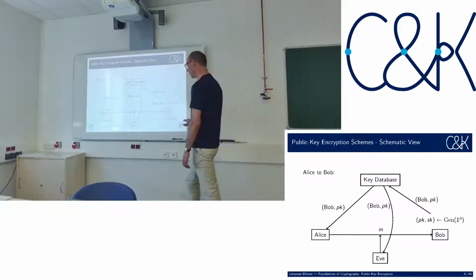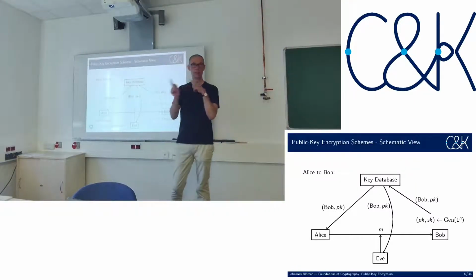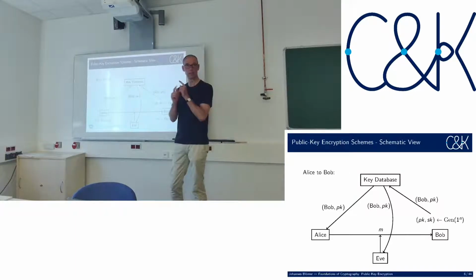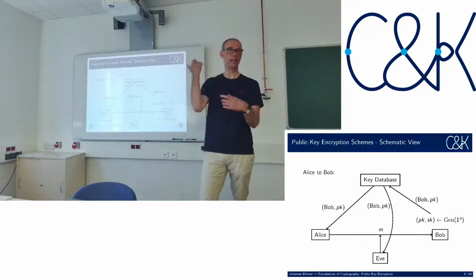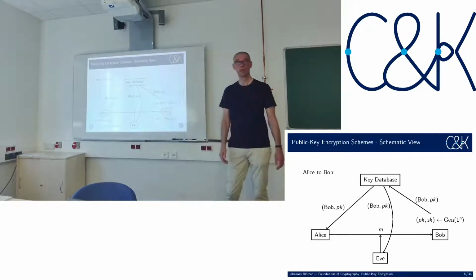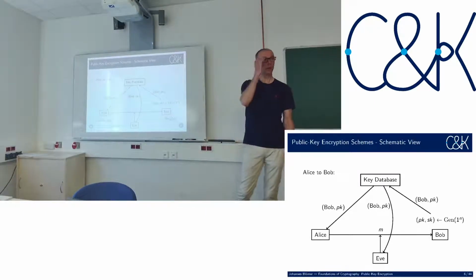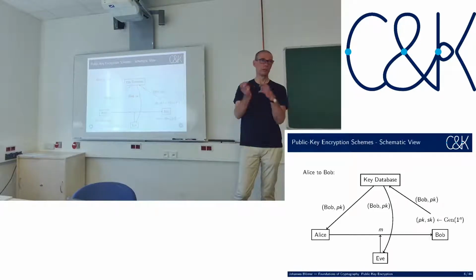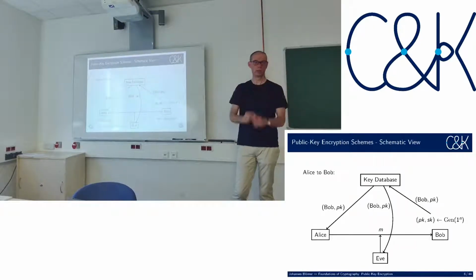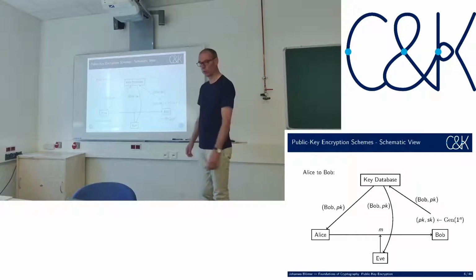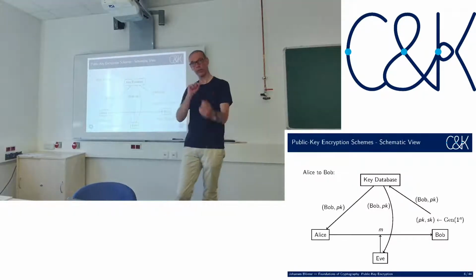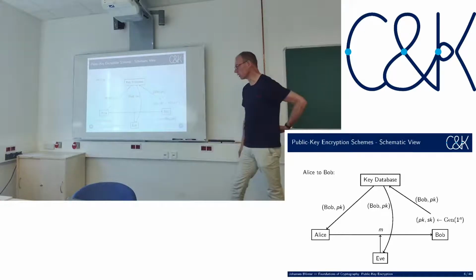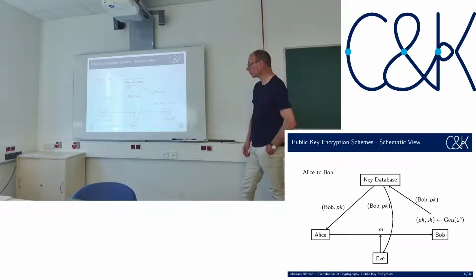So this is not a two-way technique. If we want to reverse the communication direction, Alice has to do what Bob did here. And that's why this is often also called asymmetric encryption, because you use a different key pair for each direction, where the roles of Alice and Bob and the public and secret keys are reversed.